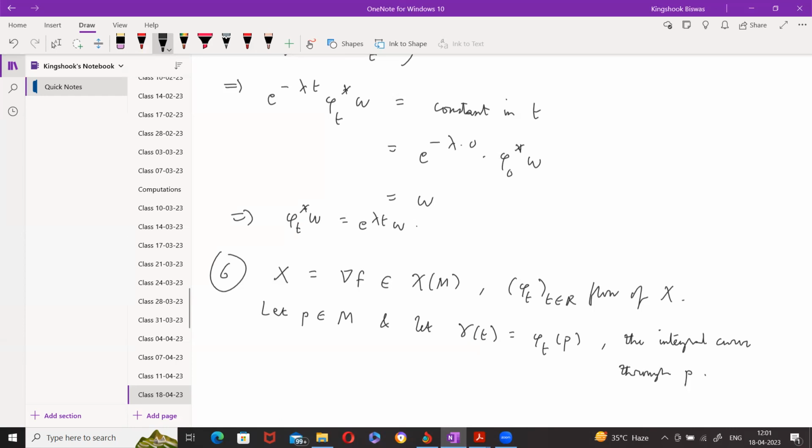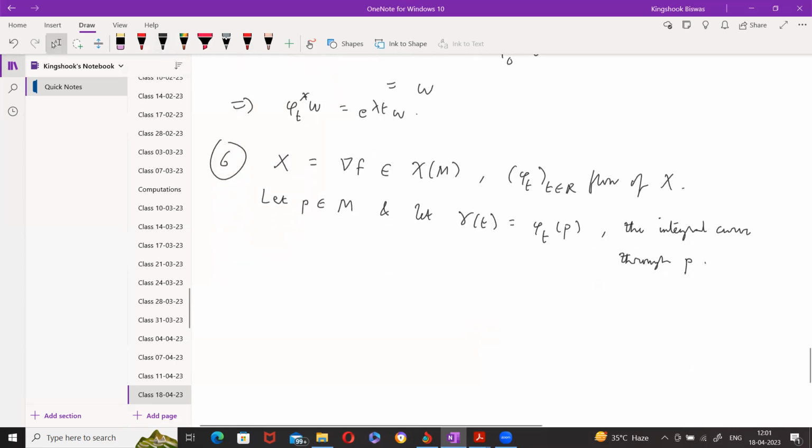So we're on this closed manifold, so it could look like this. I have my integral curve, since it's for the gradient vector field.